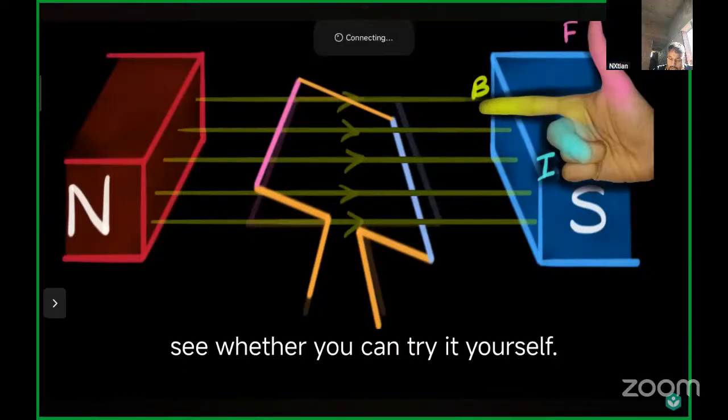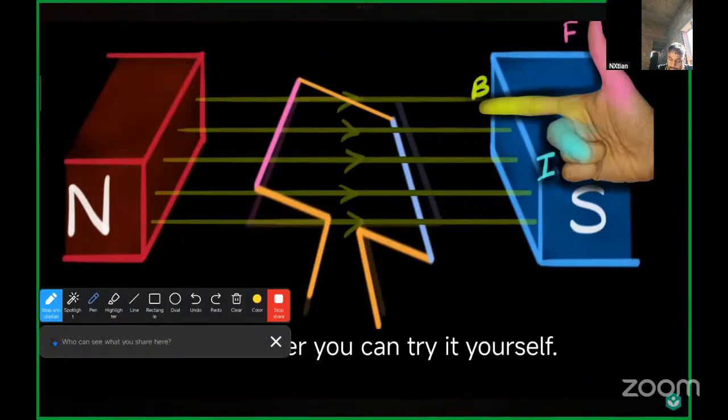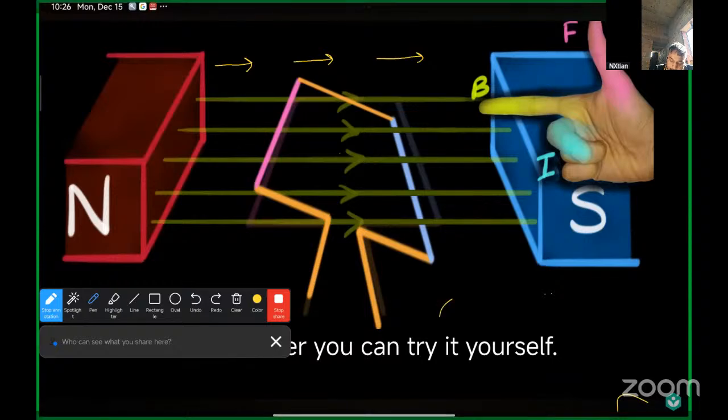So what we learn is that there is a magnetic field which is moving from north to south direction, and in that magnetic field, the current is induced inside the coil. What is the role of the generator? We put petrol in it.